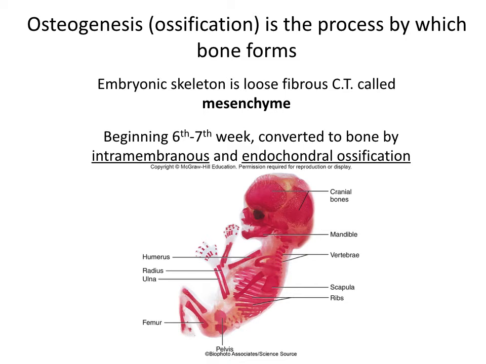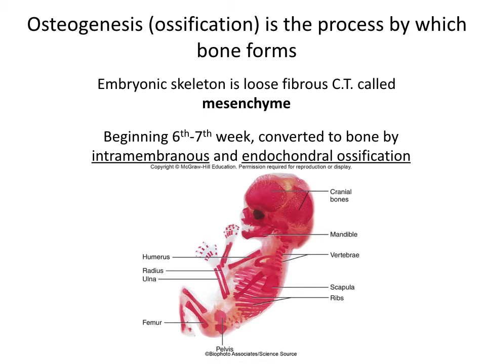Now, osteogenesis actually begins with a really soft embryonic tissue called mesenchyme. Mesenchyme is a loose, fibrous connective tissue that actually forms many different structures in the embryo. It forms bone, it forms cartilage, it forms muscle.